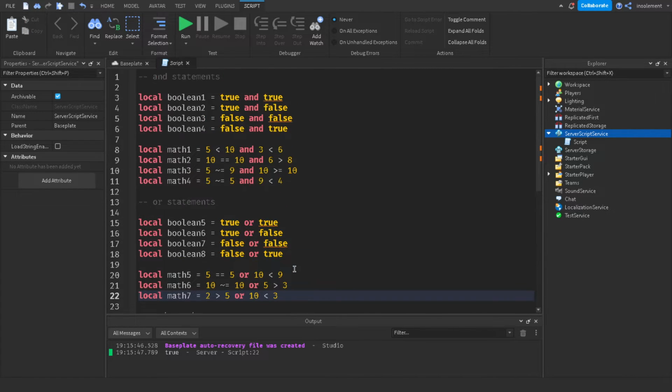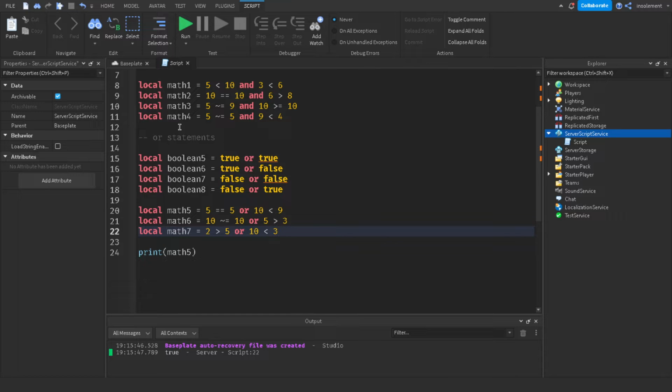So yeah, that is the general idea of OR statements. One expression needs to be true in order for the statement to be true, right? So our last one is NOT statements.